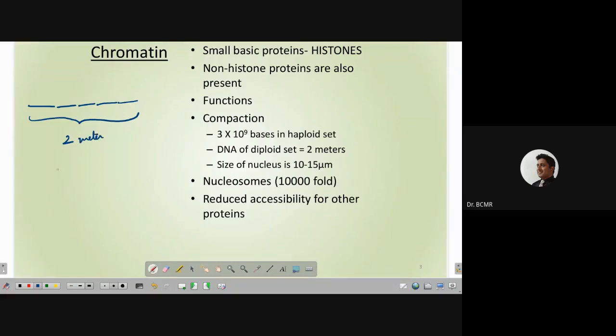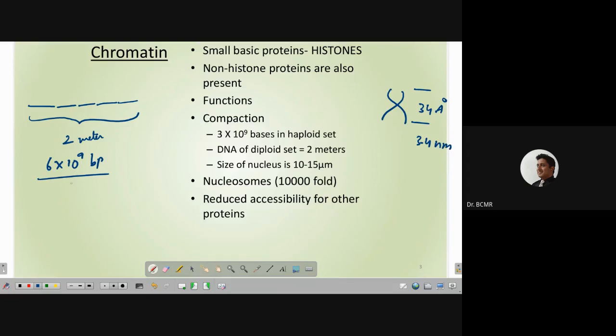Shall we make a quick calculation? So 6 into 10 to the power 9 base pairs. How many bases would that be? One turn of DNA is about 34 angstroms or 3.4 nanometers.